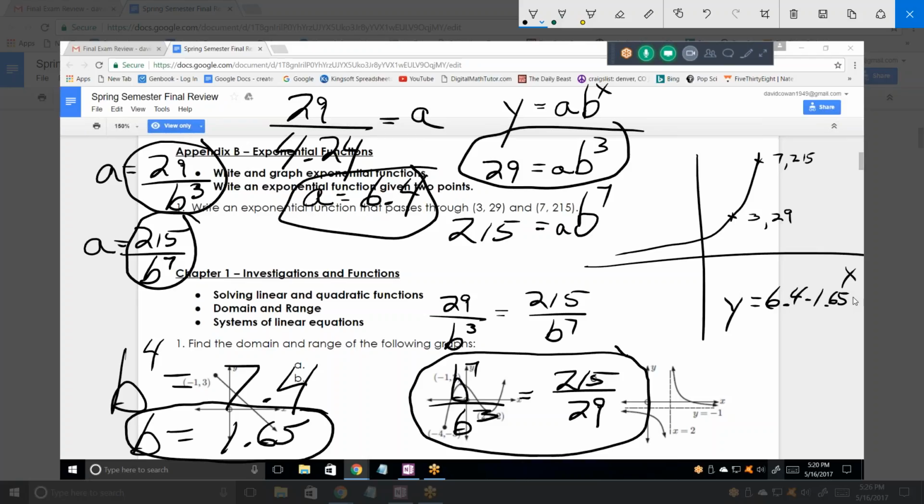It's always only the b. And to be clear, I probably should put parentheses around it like that. And that is the form of an exponential equation. As long as you know for sure it's an exponential equation, you only need 2 points to come up with it, because there's only 2 variables, a and b.